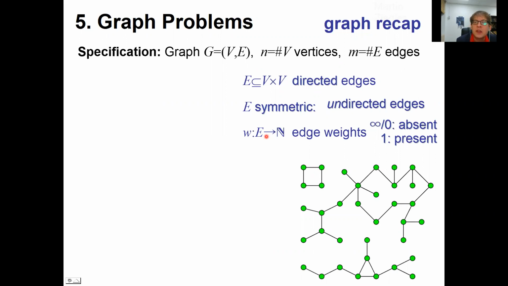Let me talk about a complete graph. A complete graph is a graph where every possible edge is present, and we can capture a non-complete graph as a complete graph where the edge weights indicate whether the edge is present or absent. Let me say that again.